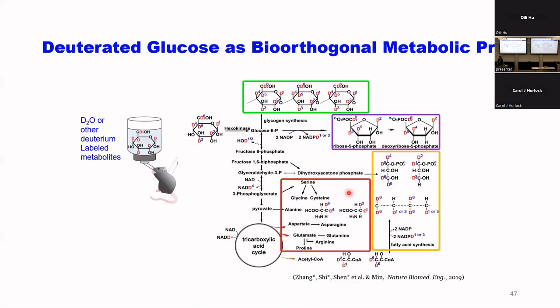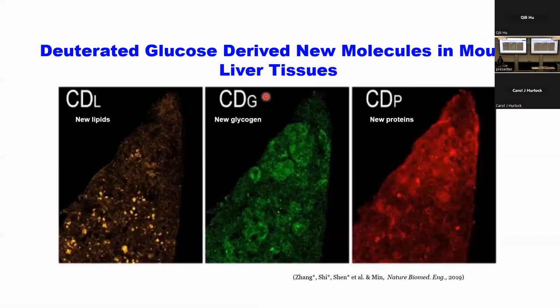So this idea can be expanded to other metabolites such as glucose, amino acids, or even choline and fatty acids. If you attach a deuterium onto small metabolites such as glucose, this is the glucose case, the glucose molecule has a CD chemical bond now.